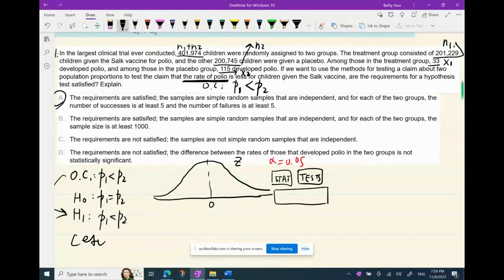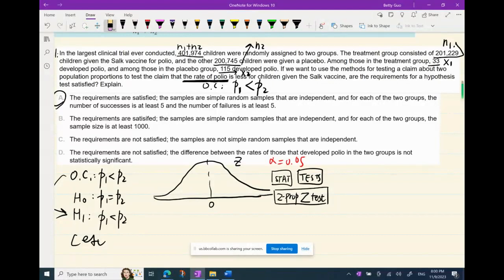The name of the function is called 2-PropZTest, P-R-O-P, Z test. You might remember the third requirement is to guarantee the binomial distribution could be approximated by the normal.